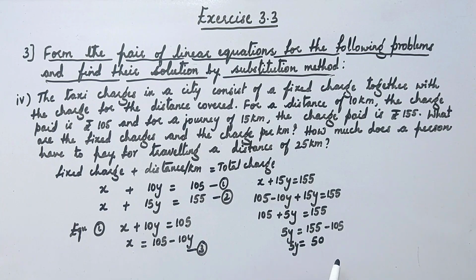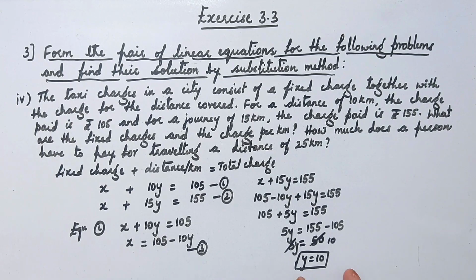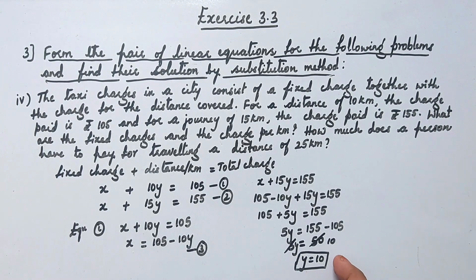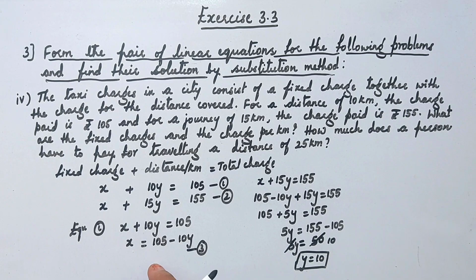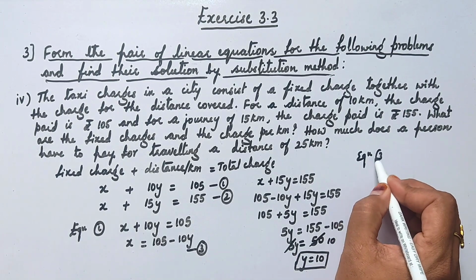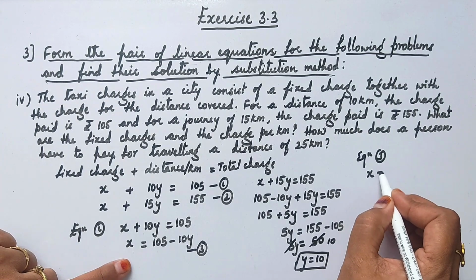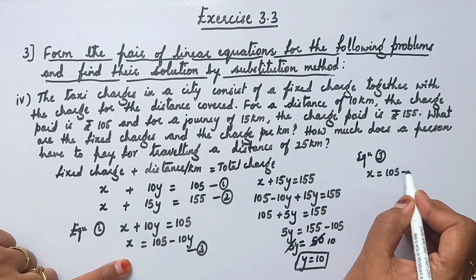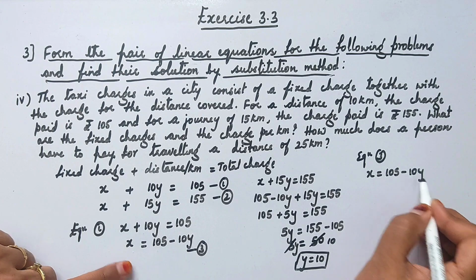5y equal to 50. Can cancel directly. 5 ones are 5, 5 tens are 50. y equal to 10. Okay, the value of y I got is 10. I'm going to substitute the value of y in equation 3. Here equation 3 is x equal to 105 minus 10y.